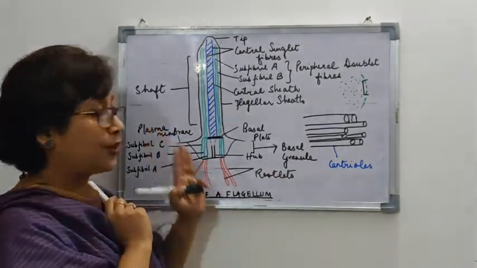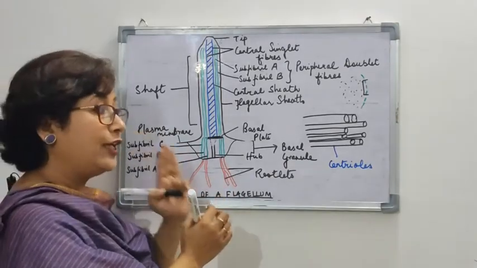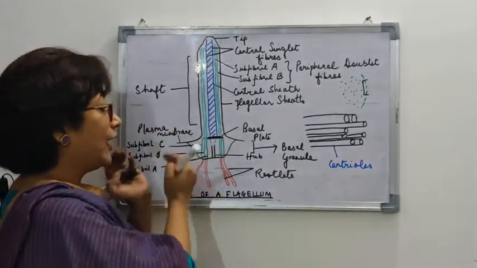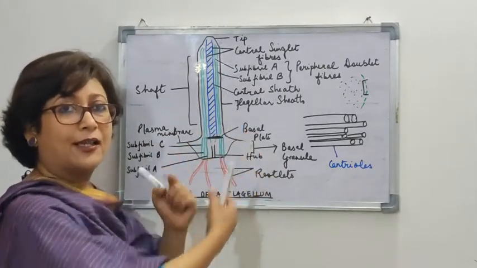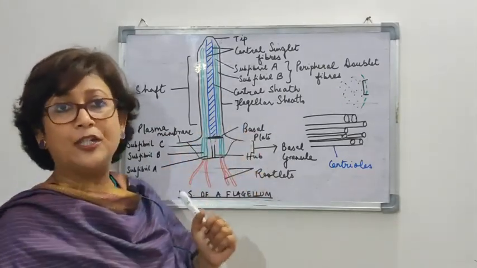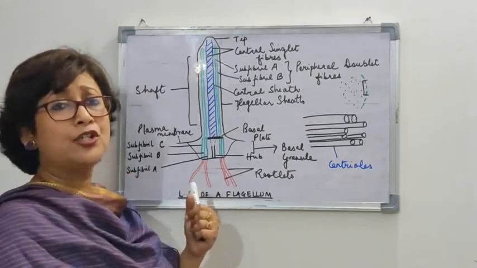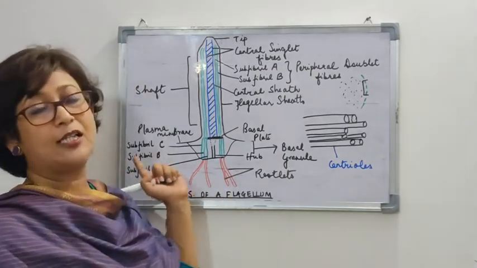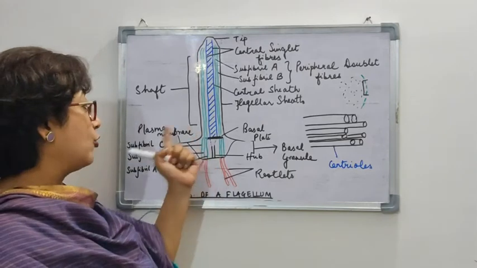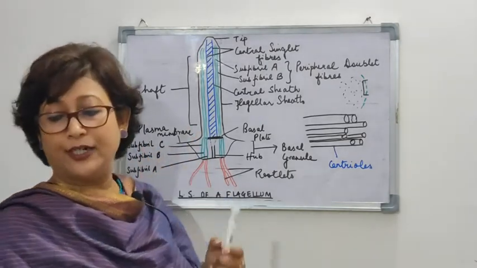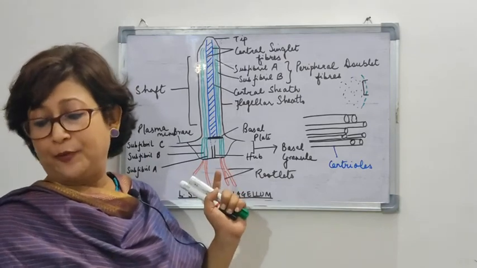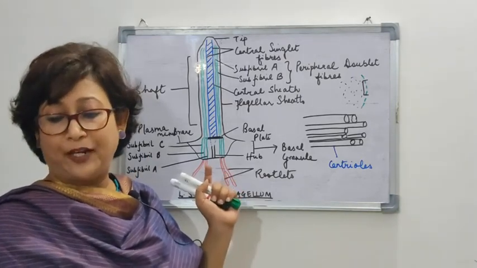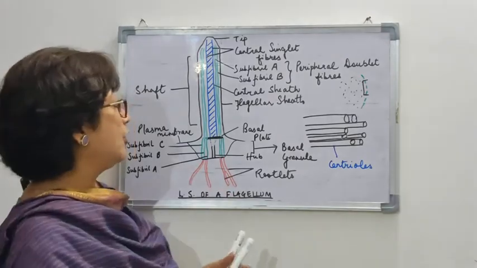So it's a triplet fibril, 3 fibrils found together on either side, towards the periphery, let's say. Innermost is the subfibril A, the middle one is the subfibril B, and the outermost is the subfibril C. So that is the triplet fibril present on the periphery without a central fibril.